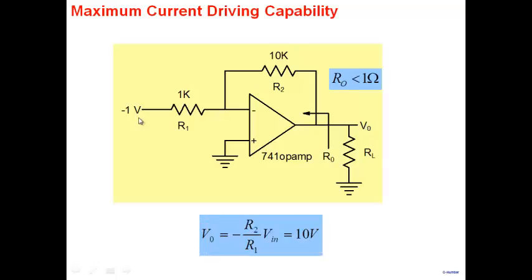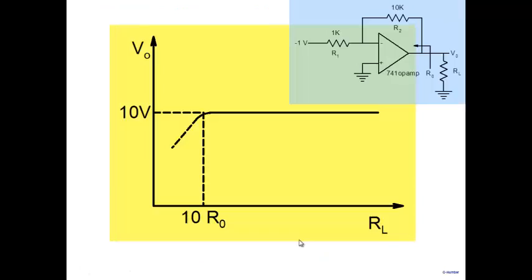So we expect in this case that the gain of the amplifier is 10, the ratio of these two resistors. So if I apply minus 1 volt, I should get 10 volts at the output. Let's say the supply voltages are plus minus 12, so I'm away from the supply voltages. Let me do this experiment here.